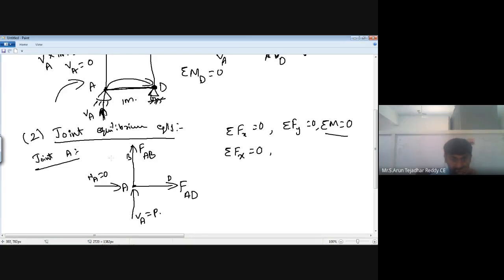Observe in this diagram how many horizontal forces are acting here. That is two horizontal forces. One is HA, second one is FAD. HA, this direction is positive, left side direction is negative.